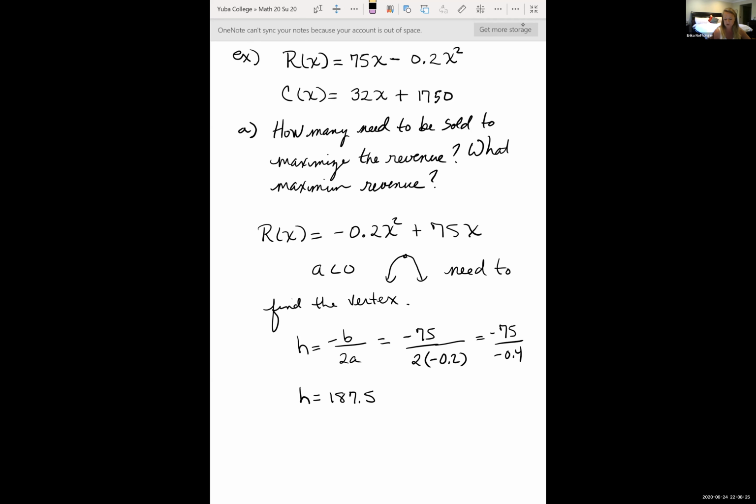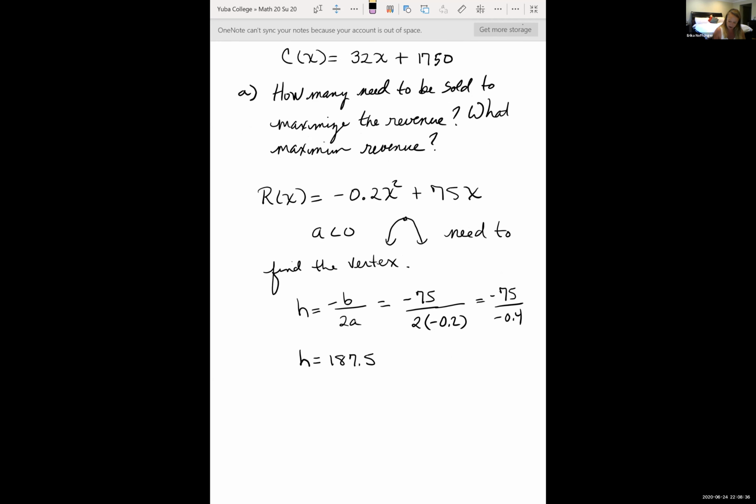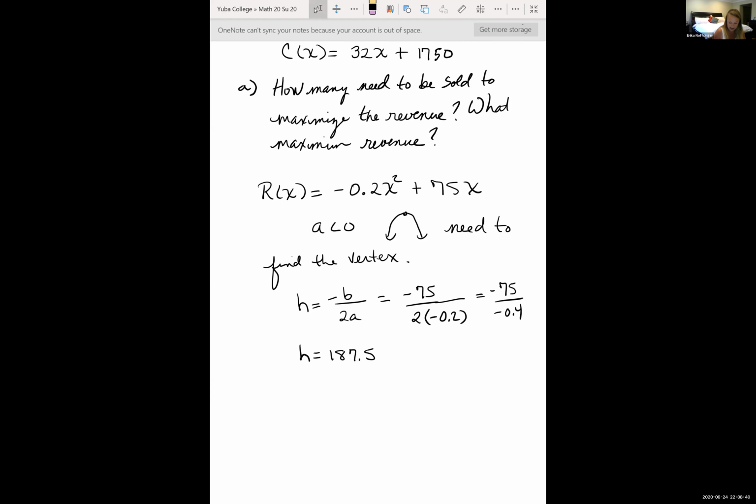We're not going to sell half a watch. So I'm not sure if that's how they wanted us to express it, or if we wanted to look at rounding this up or rounding this down.